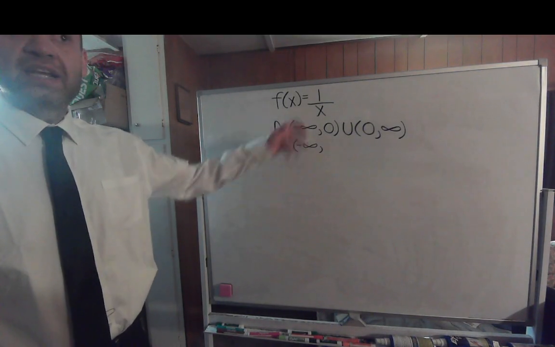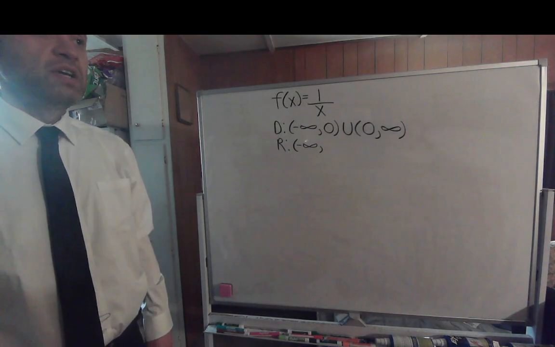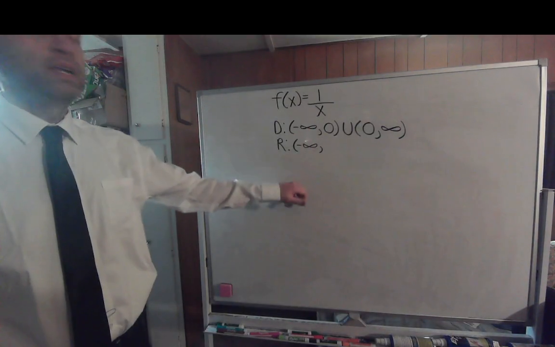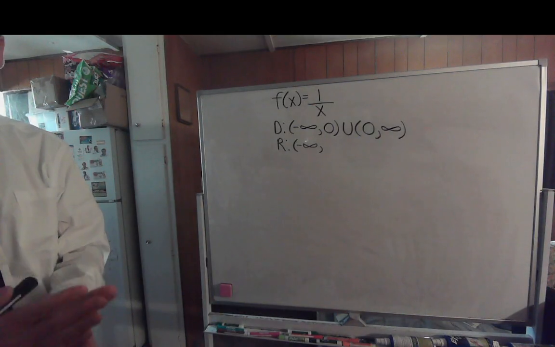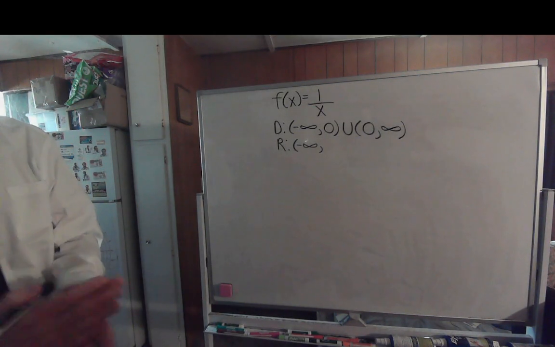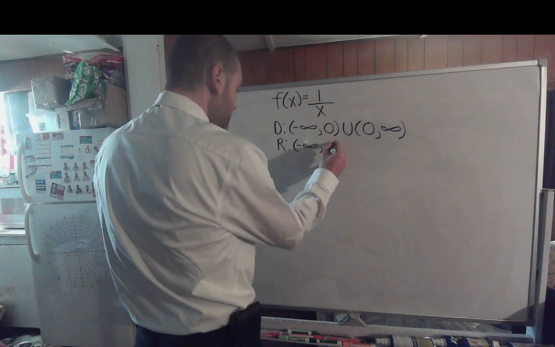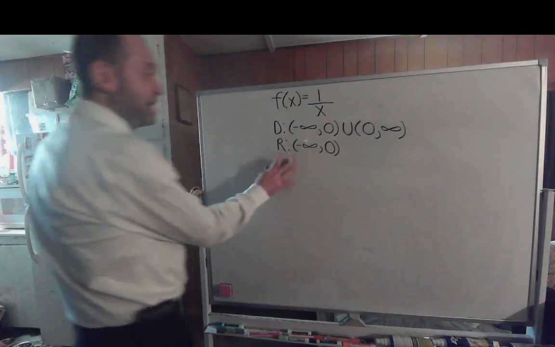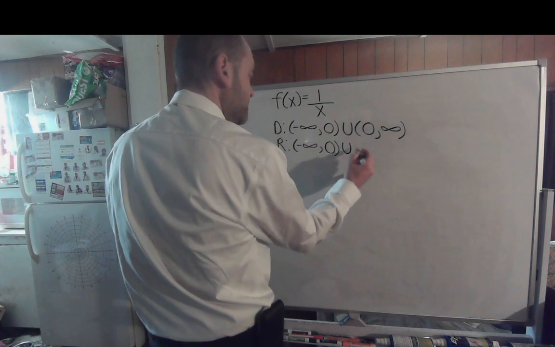If x is negative 250, it'll be negative 1 250ths. Put in negative 1,000,000, it'll be negative 1,000,000th. It gets infinitely closer and closer to 0 for a y value, but it never actually reaches it. So my range is actually the same in this case. It's from negative infinity to 0, non-inclusive.